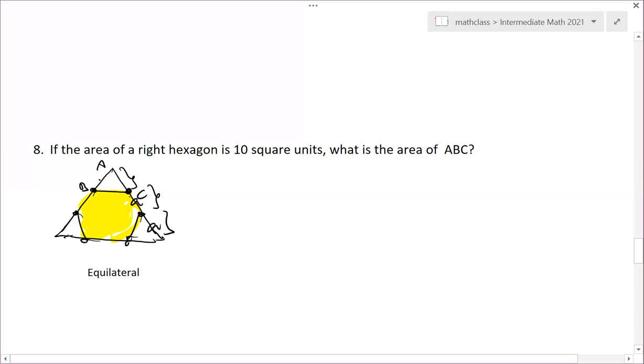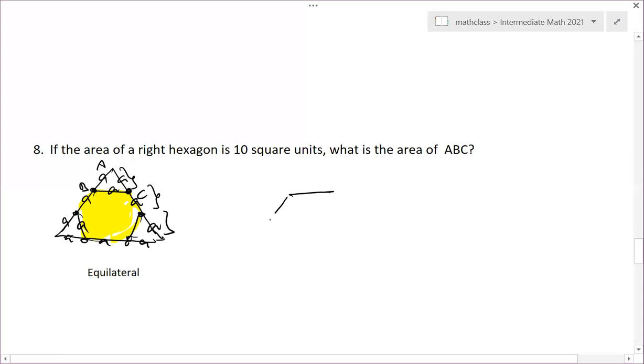So this will be A and A and A, and they're all equal to A. If I know the area of the hexagon, can I figure out the area of the triangle you cut to make the hexagon, right?